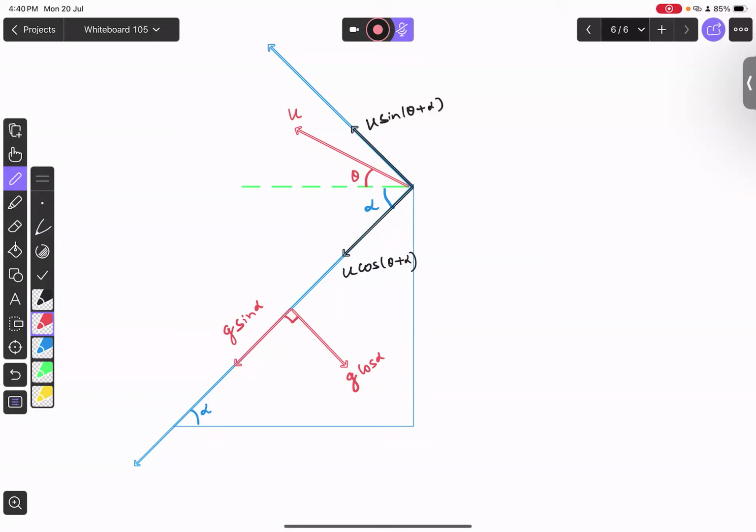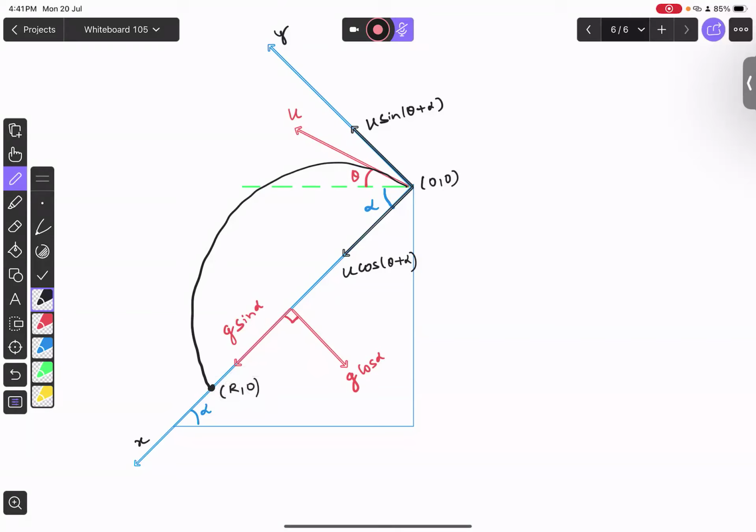The point from which I'm throwing it is origin. It takes a curved path going to hit the inclined plane. Down the inclined plane is our positive x, this is our positive y. So the initial point is 0, comma 0. Wherever it is going to hit the inclined plane, the coordinate will be R, comma 0.